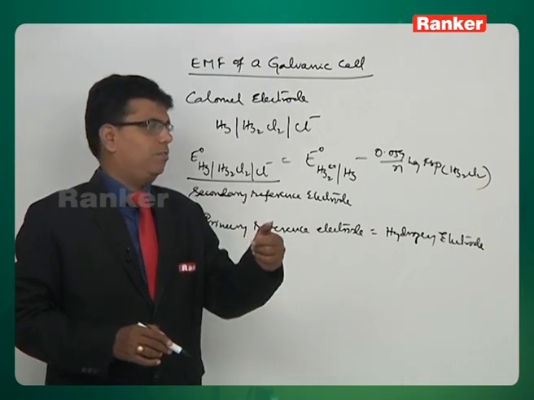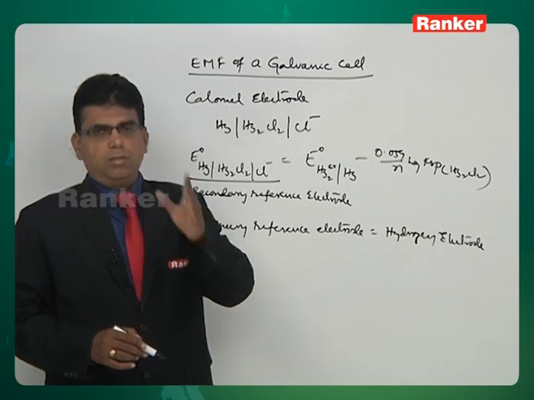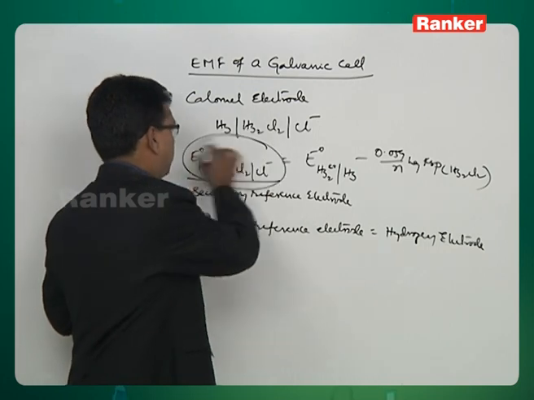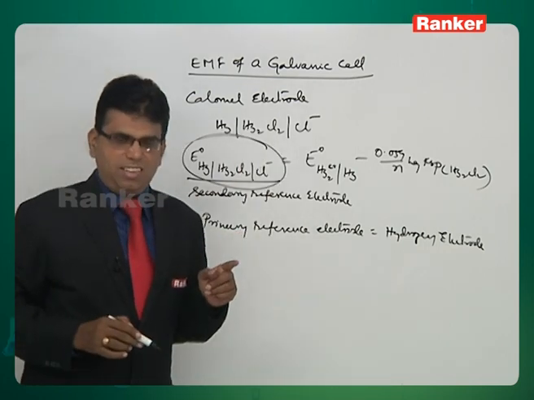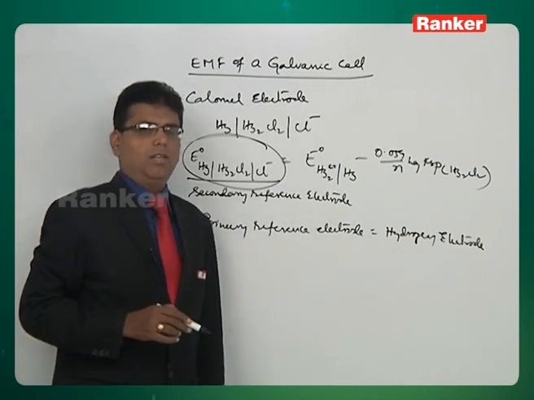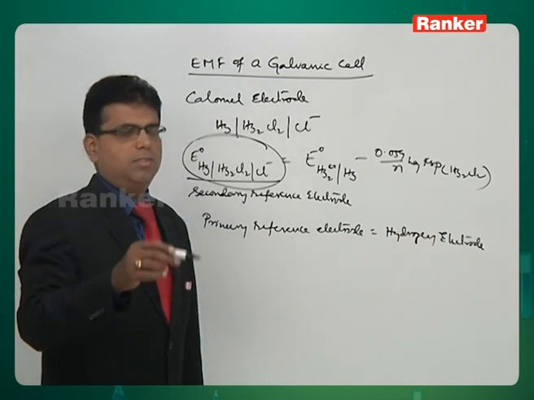Any unknown electrode, if it is given, the E naught value of that electrode is determined by taking the E naught value of this as the standard, and we determine the standard reduction potential of any other single electrode.